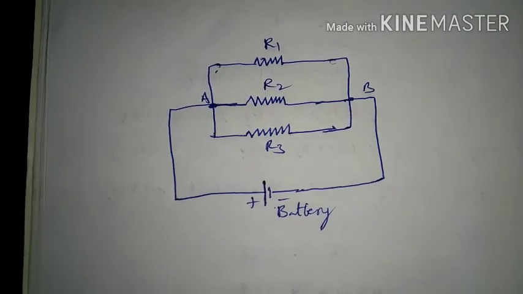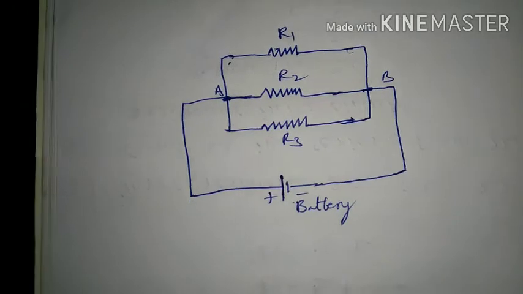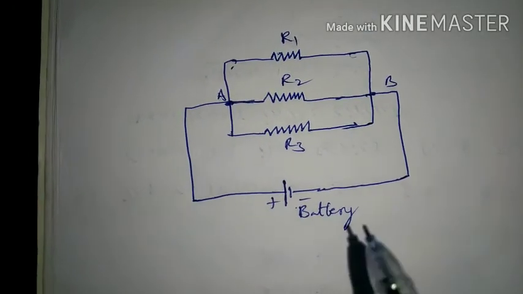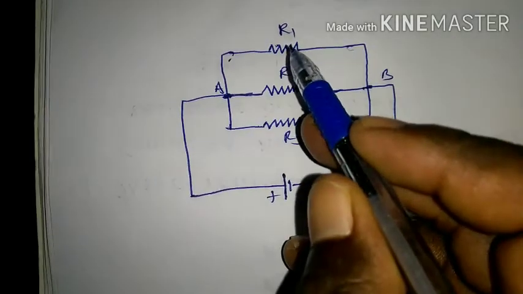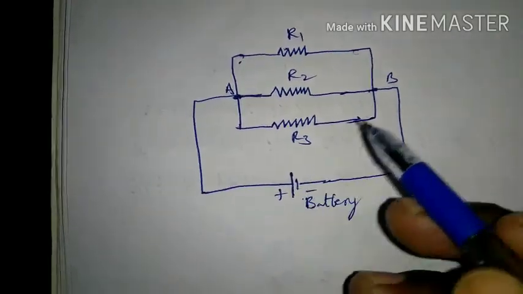Figure shows a parallel combination of three resistors having resistance R1, R2 and R3.